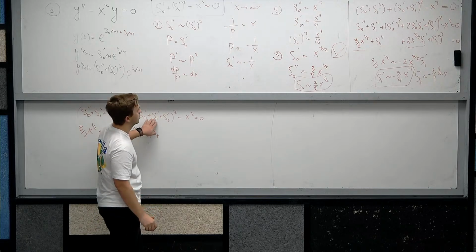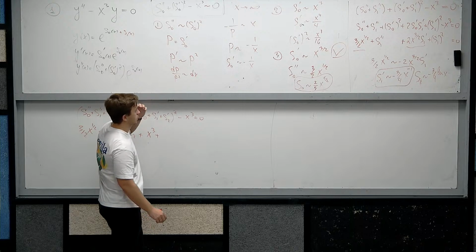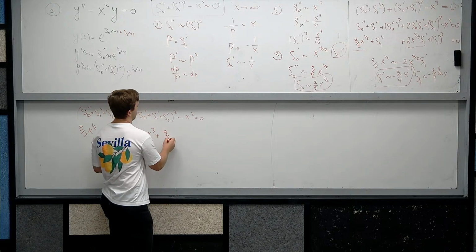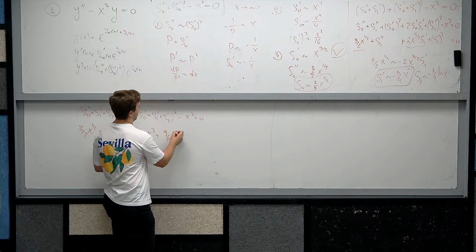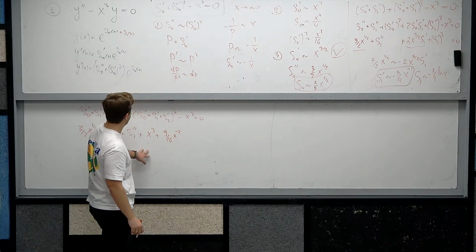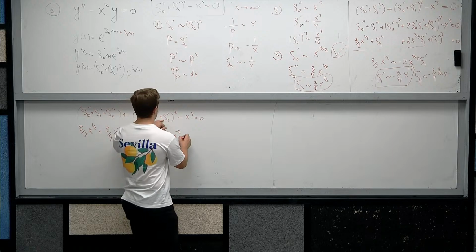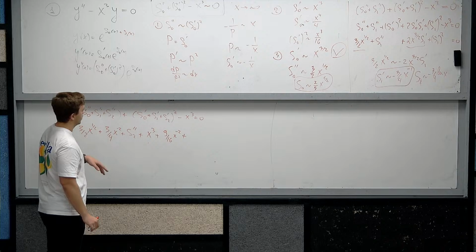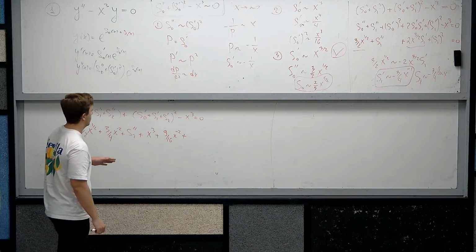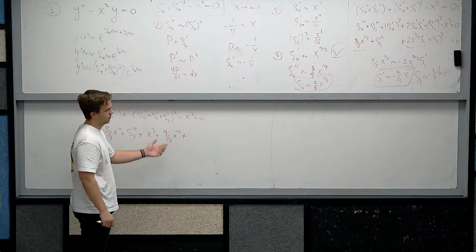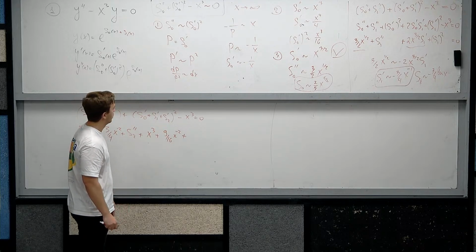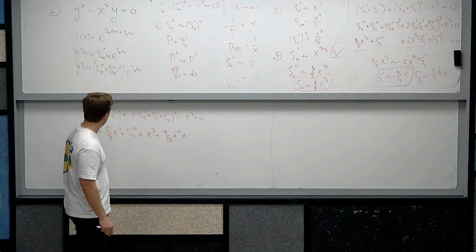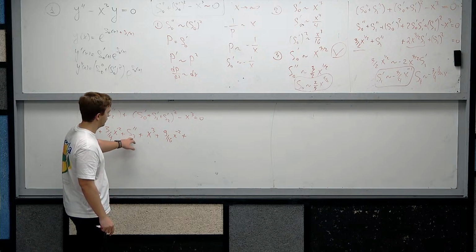Then this term is 9 over 16 x to the minus 2. Okay. And plus, again using the same logic, I can neglect the square of this because it will be much smaller than the cross terms. Okay, and the same logic for this term.